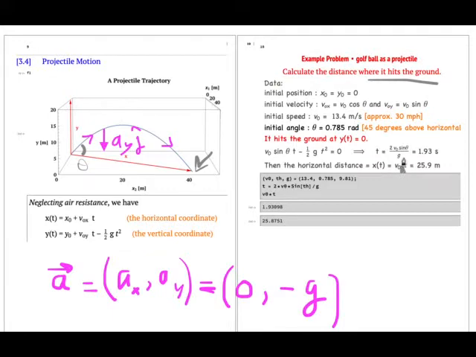It's V0 cosine theta times t. x0 is 0, so it's V0x times t, and V0x is V0 cosine theta. I guess I have this wrong, so this calculation is probably wrong. It should be V0 cosine theta, which is 1 over the square root of 2.